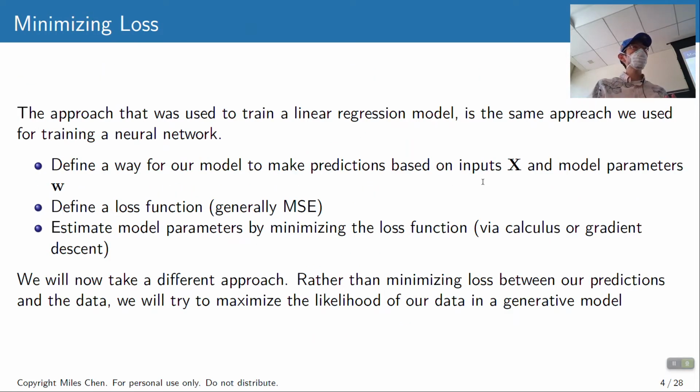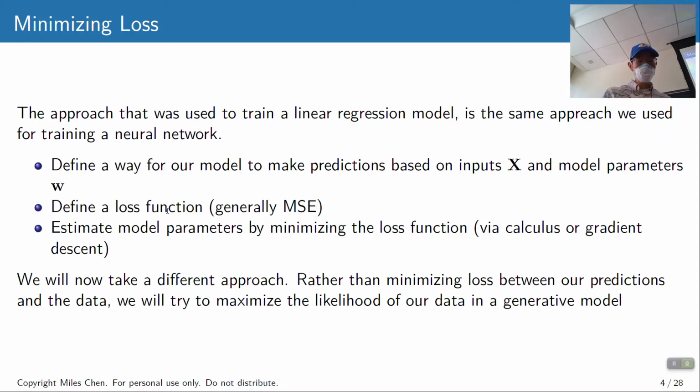For a neural network, it's a little bit more complicated. It's X times W, and then you apply an activation function. You multiply it by another W and apply an activation function, and so on. But there's just a sequence of things that take your inputs and your parameters W to get your predictions.